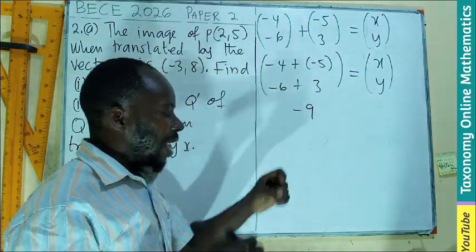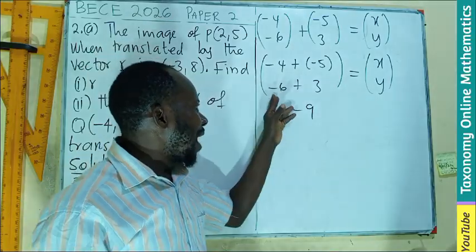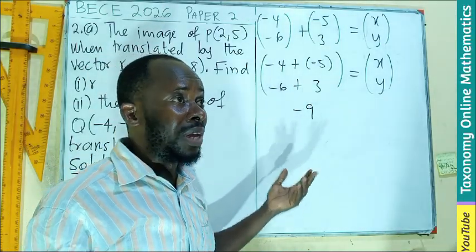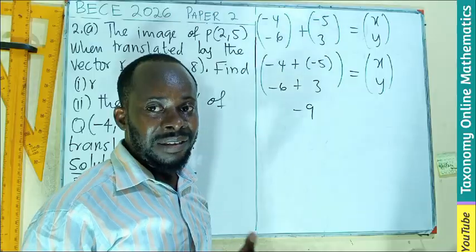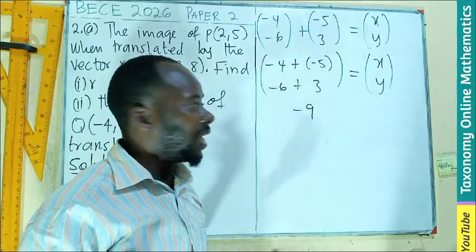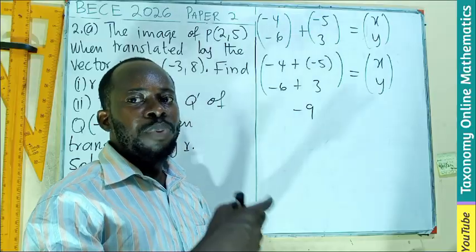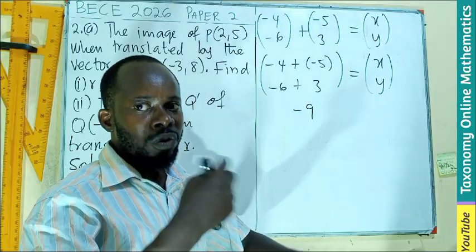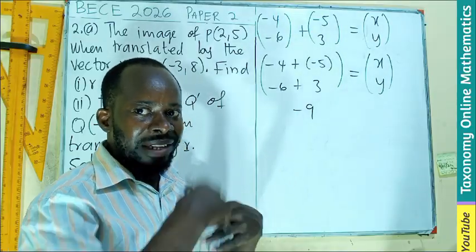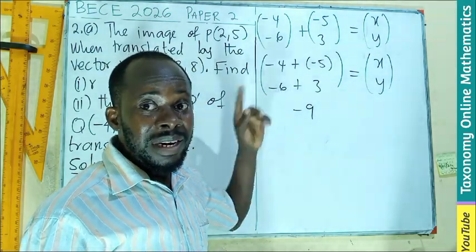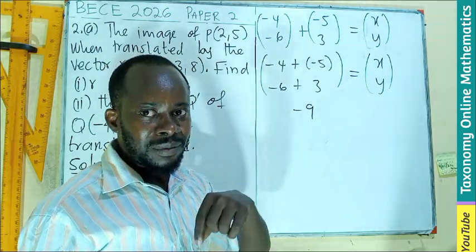Now I am adding 3 to -6. Let's take it this way: you are indebted 6 Ghana cedis, then your father gives you 3 Ghana cedis. You first need to reduce your debt by giving the 3 cedis to your debtor. Then you will still be left with 3 cedis, which is still a debt.